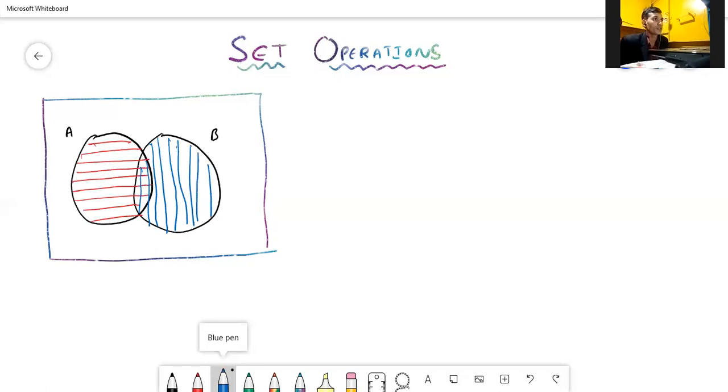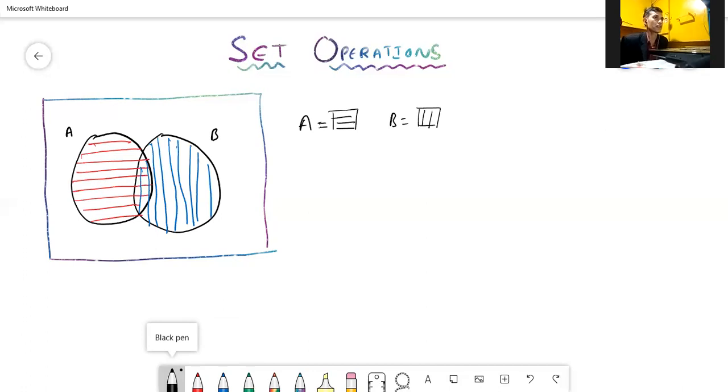So here set A, the horizontal lines, means the players who can bat. Okay, they are present in this region and here in the common region also they are present. B means the players who can do bowling.